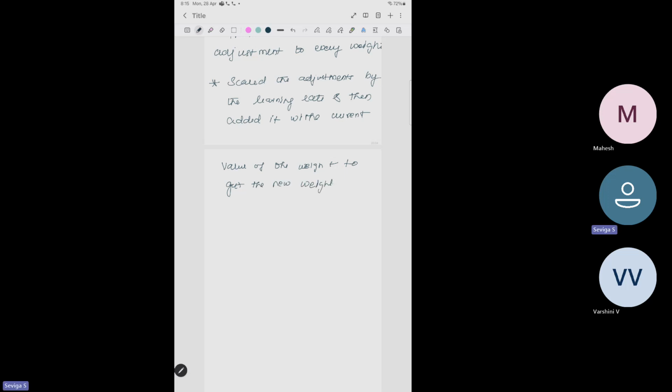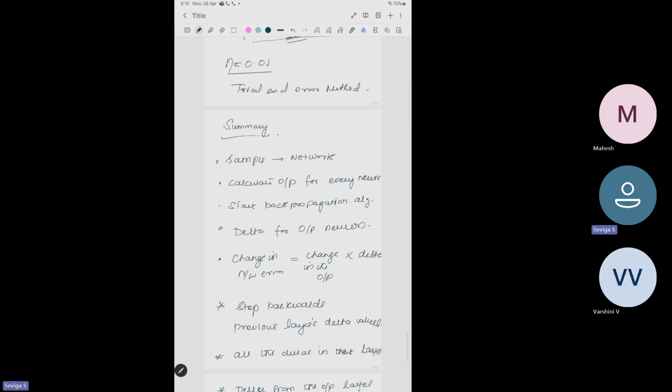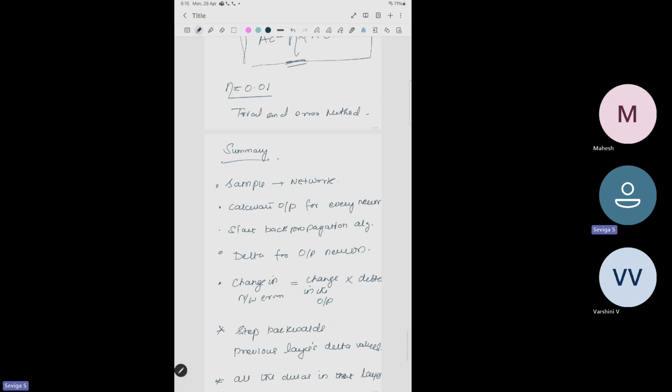This is the process we learned in back propagation. With this, we conclude the back propagation and also the class for this semester.